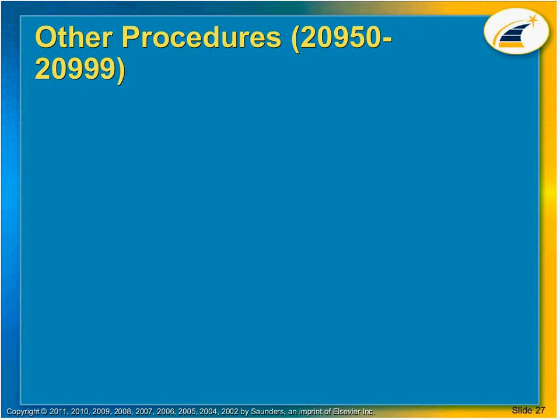So it says on page 587 that codes 20900 through 20938 report the harvesting of bone, cartilage, fascia, tendon, or tissue through an incision separate from that used to implant the graft. Graft material is used in a wide variety of repair procedures.